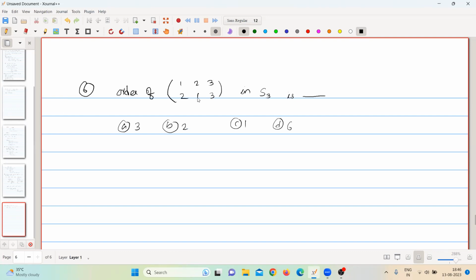So what is the answer here? A permutation in S3 is given. So I hope you know S3. What is S3? S3 is the symmetric group.